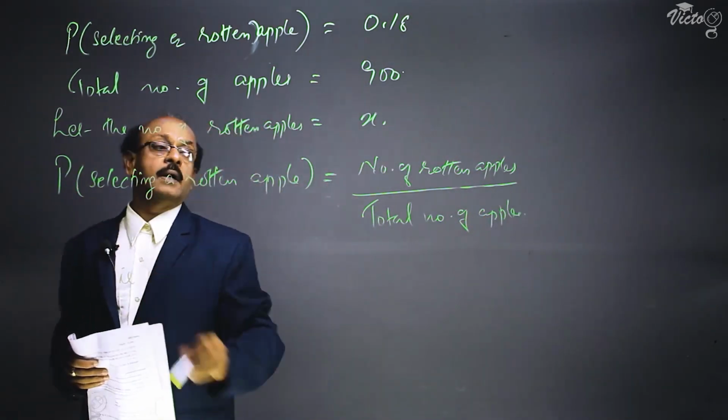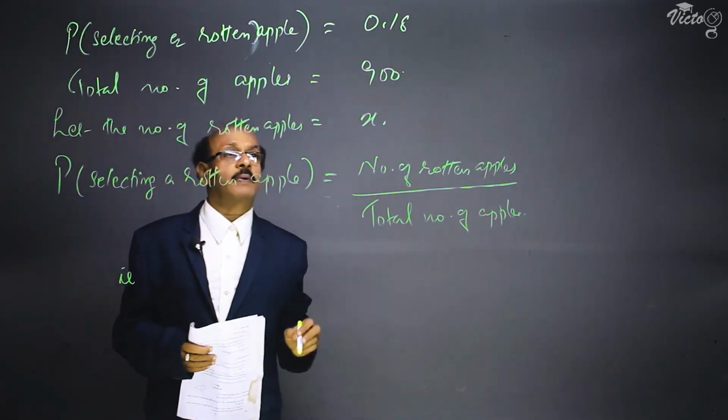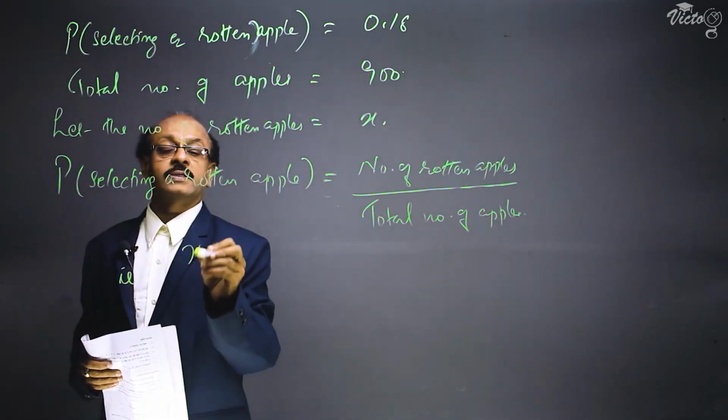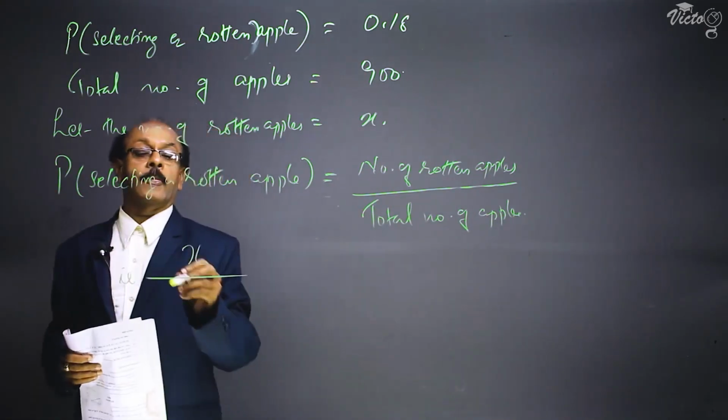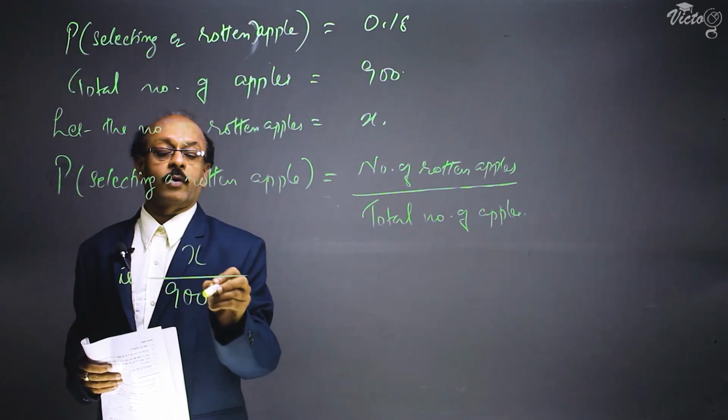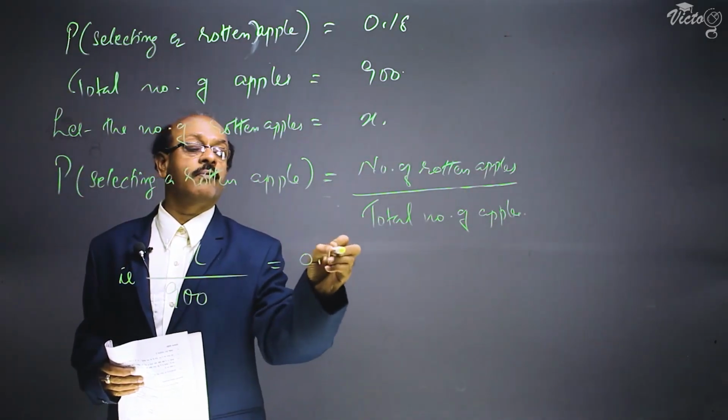That means the number of rotten apples is equal to x, as we assumed, and the total number of apples is equal to 900. The probability is given as 0.18.